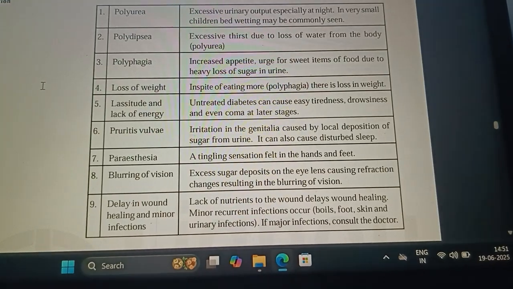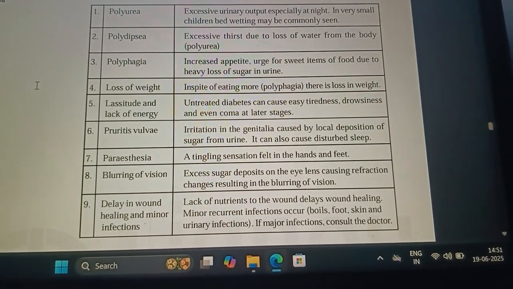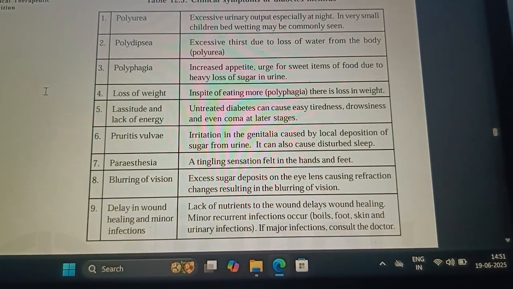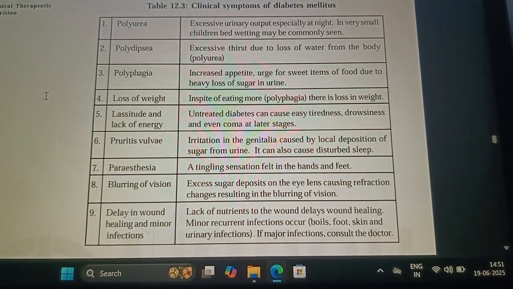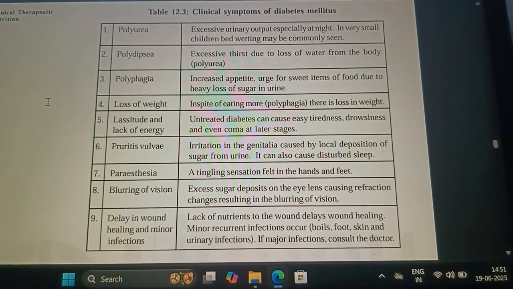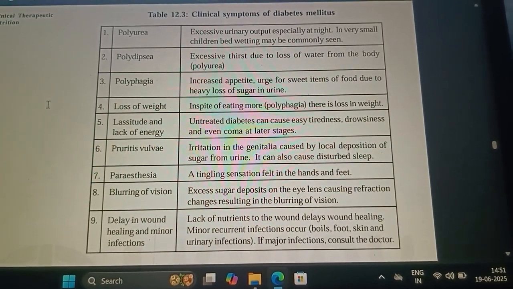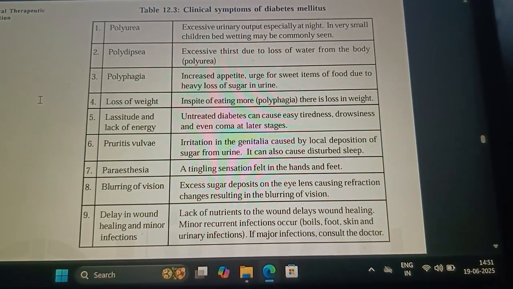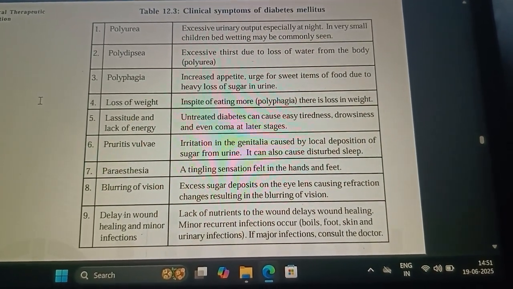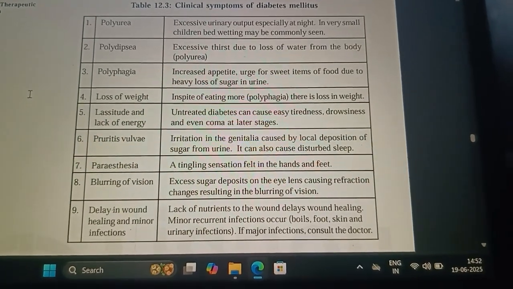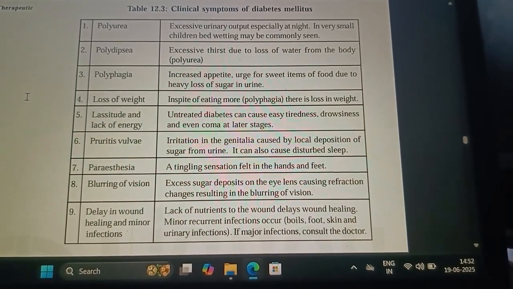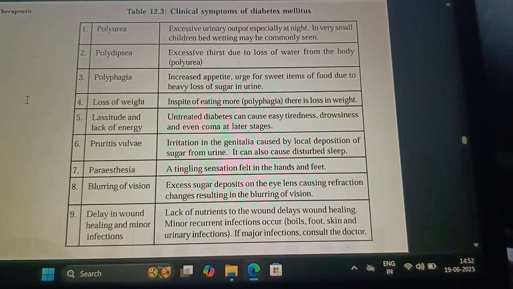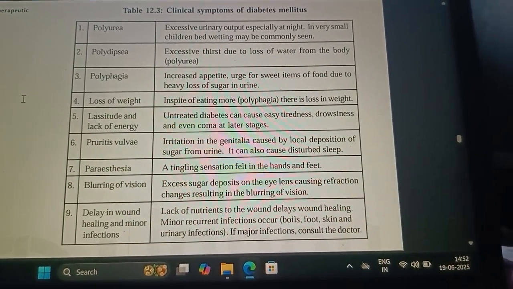Polydipsia: this frequent urination results in excessive loss of water from the body, so it results in polydipsia, that is excessive thirst. Polyphagia means increased appetite, or an urge for sweet items of food, due to a heavy loss of sugar in urine.